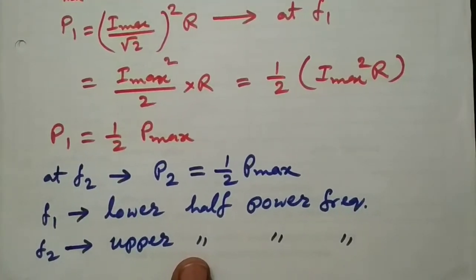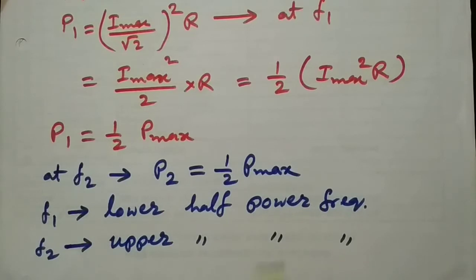So the bandwidth lies between two half power frequencies. F1 is the lower half power frequency and F2 is the upper half power frequency.